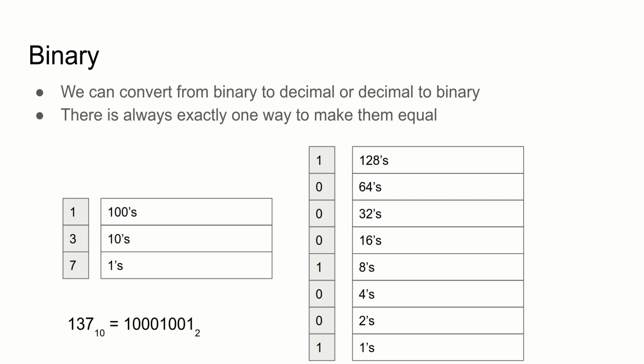All of those numbers can be represented with only one digit. Once we reach 9, the maximum digit value, we have to add another place. We have to add the tens place. And then we represent the number 10 with 1, 0, the number 11 with 1, 1, the number 12 with 1, 2, and so on and so on.